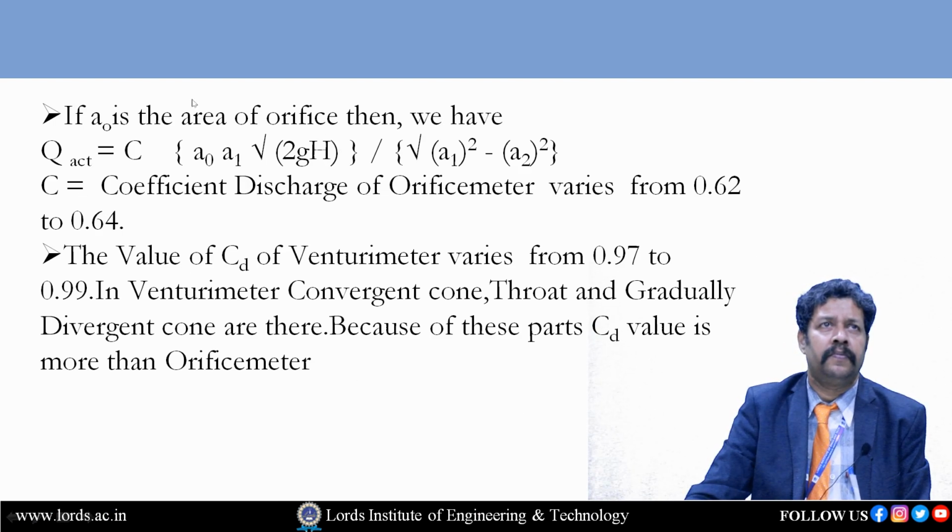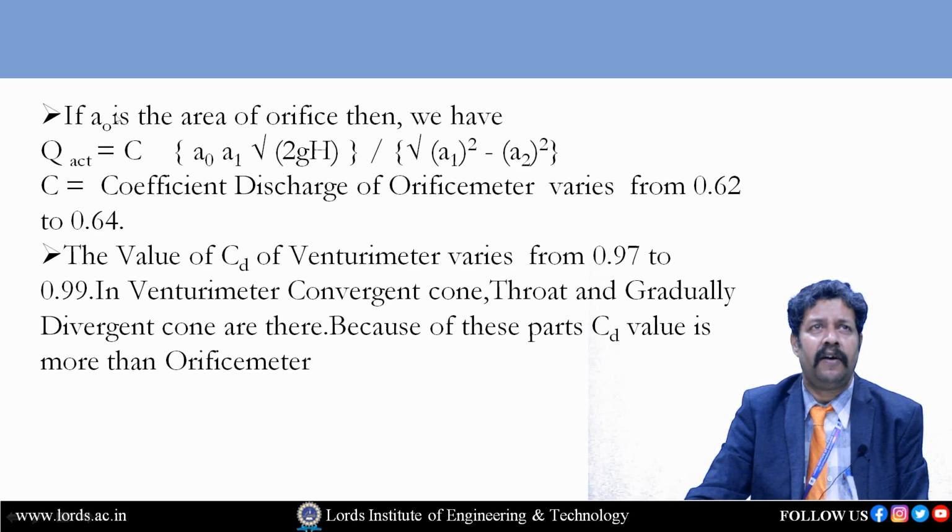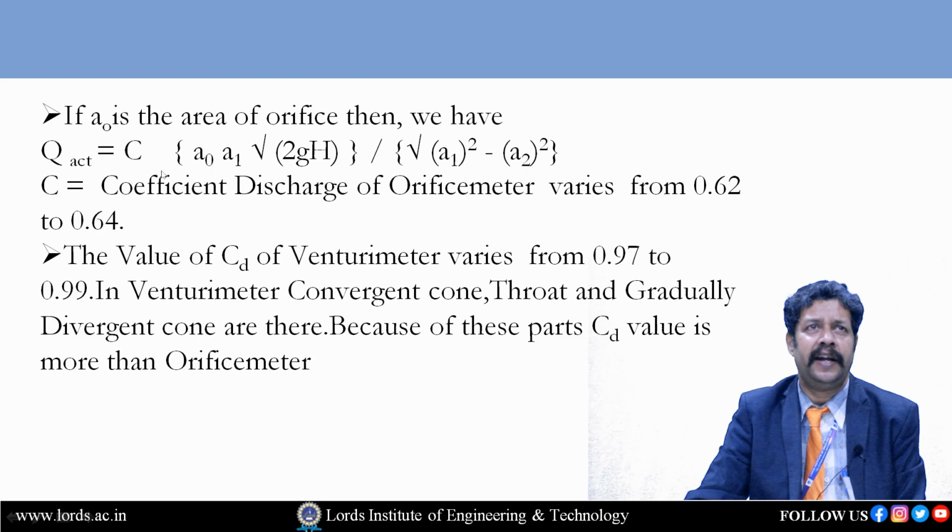Now A0 is the area of the orifice. Then this formula can be written as C into A0 A1 into square root of 2GH divided by square root of A1 square minus A2 square. Whatever formula we use for Venturi meter, the same formula is applicable, but in this case convergent and divergent portions are not there.